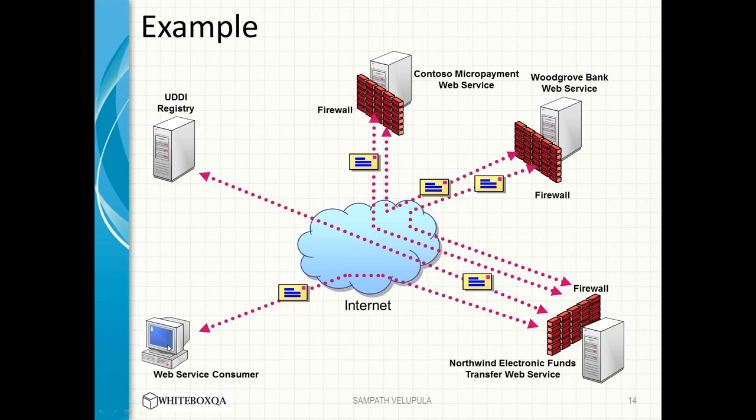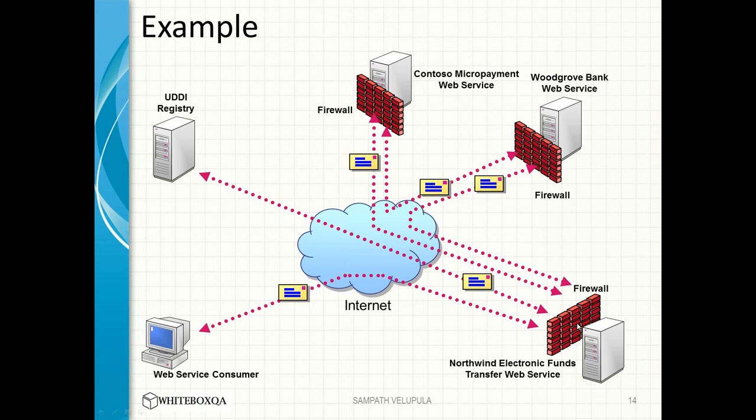But how is it talking to the web service? It goes and puts something inside this one. Okay, there is an electronic funds transfer web service. I want to transfer funds to some other person. Say, for example, I am a consumer, I want to transfer funds from one person to another person. So I send that request. This request actually goes to UDDI because this guy doesn't know.